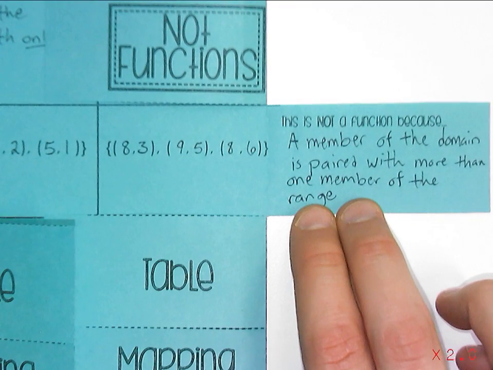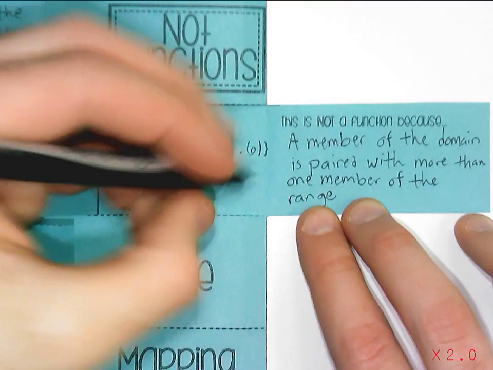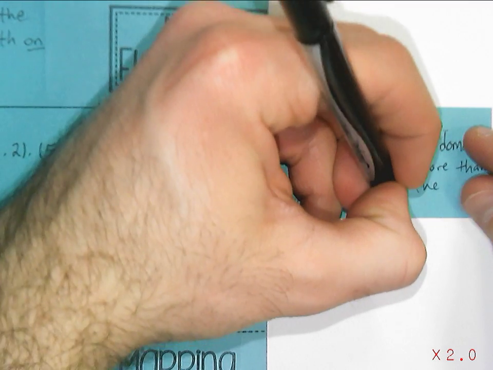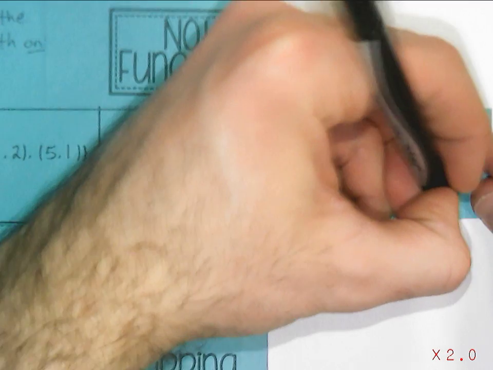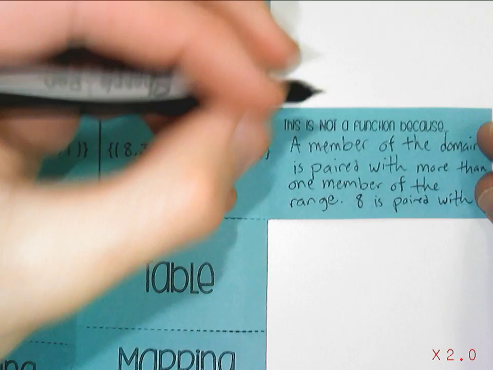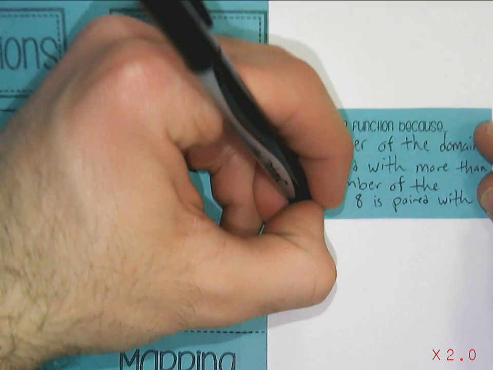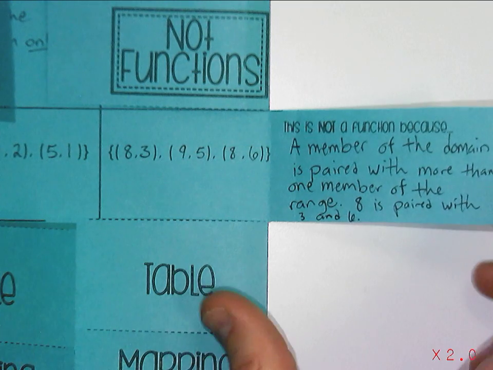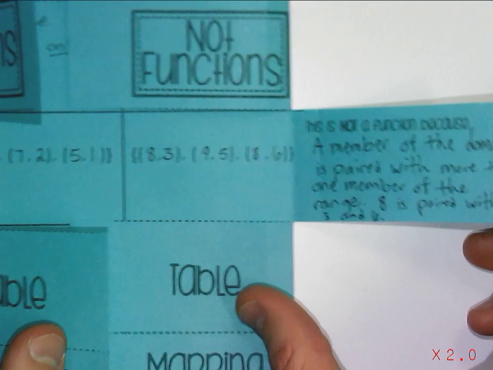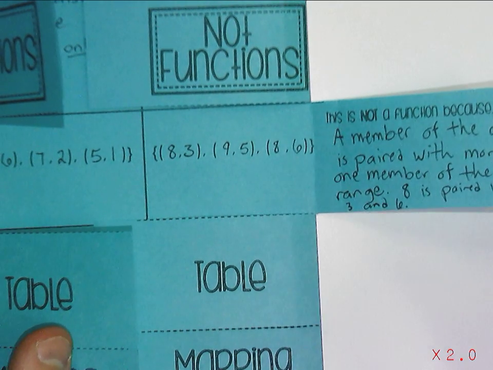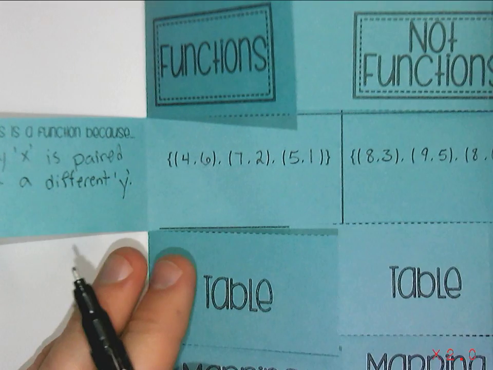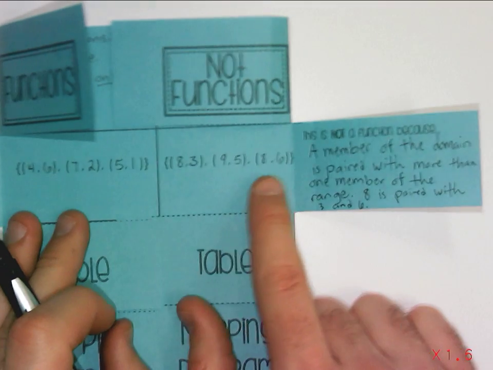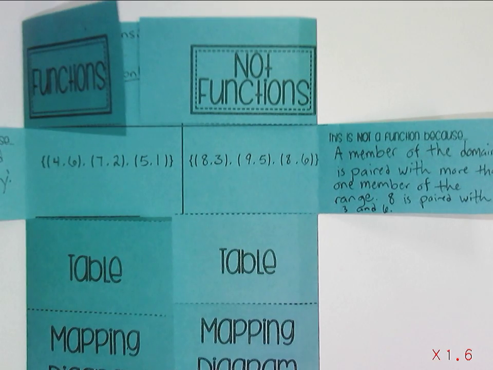And what we could say here is that 8 is paired with 3 and 6. So that would be a representation with ordered pairs. So once again, we got to remember that key term here, that each input is paired with exactly one output. And here we don't have that because 8 goes to both 3 and 6, like I said.